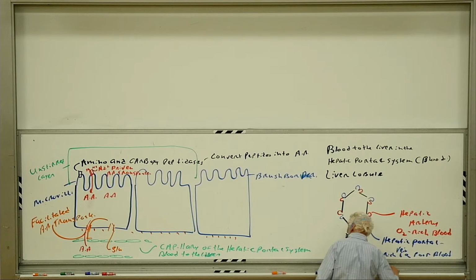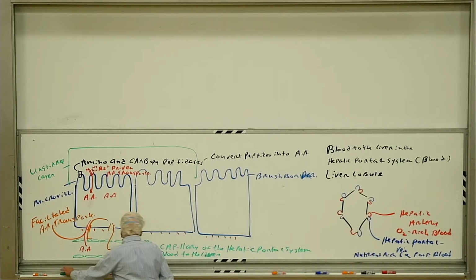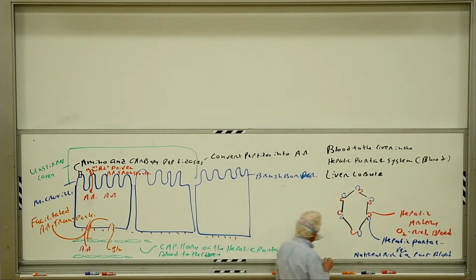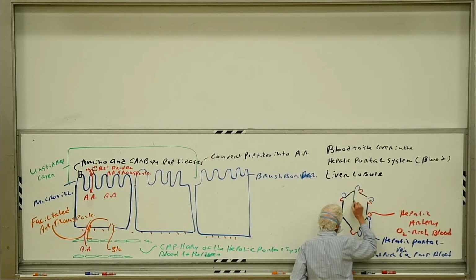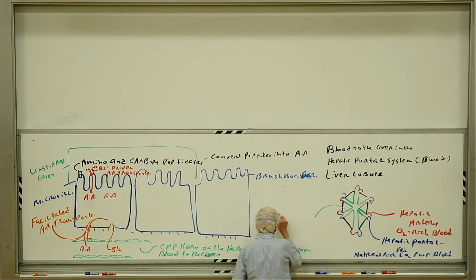Those feed into, and I'll show this in green, a specialized set of capillaries. These capillaries have a name. These are called the liver sinusoids.